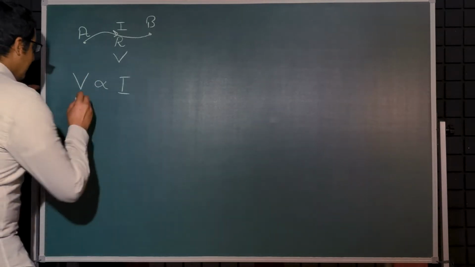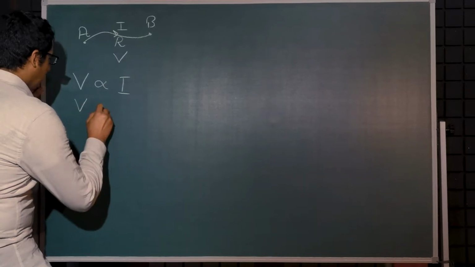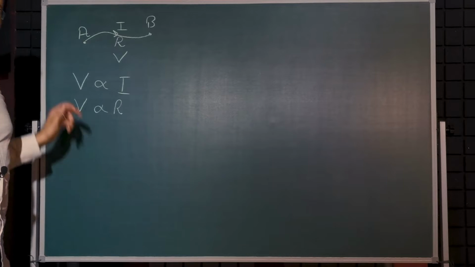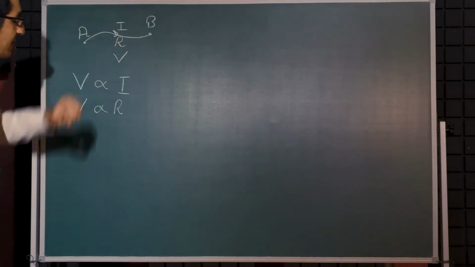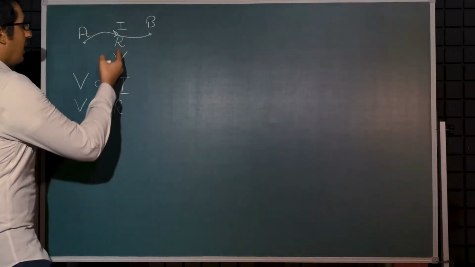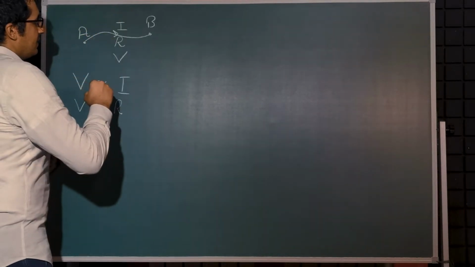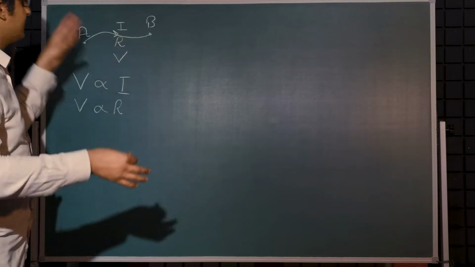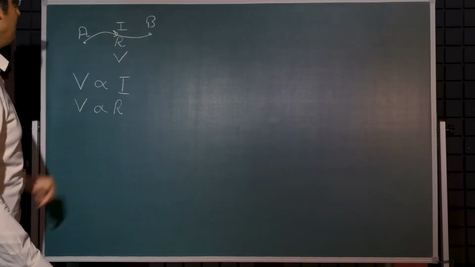And V must also be proportional to R, because as R increases, voltage must increase to maintain the same current. As we have high resistance, it will be difficult to push the same current through this path.